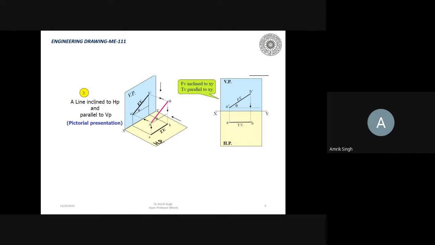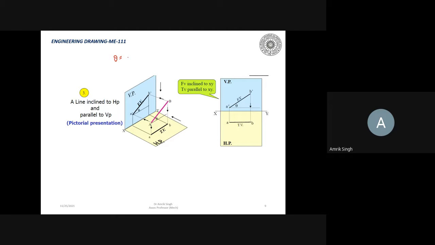A line is inclined to HP and parallel to VP. So a line, it is inclined to HP. In the projection of the true length, this theta will be denoted when we are giving the inclination with HP.